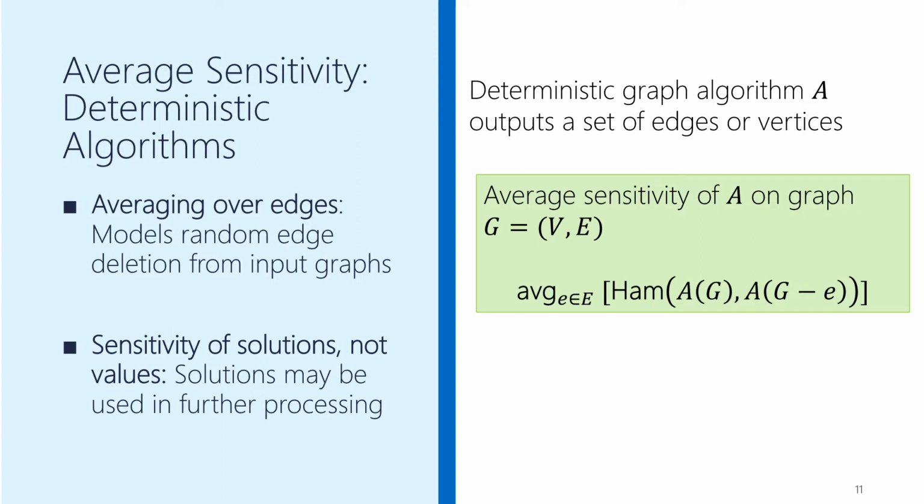The second aspect is that we measure the farness or closeness of solutions instead of values. And in particular, we use Hamming distance to measure how far or close two solutions are. There are a few motivations for using Hamming distance. For example, in the case of dynamic graphs such as road networks, a vertex cover corresponds to assigning traffic police persons at intersections.